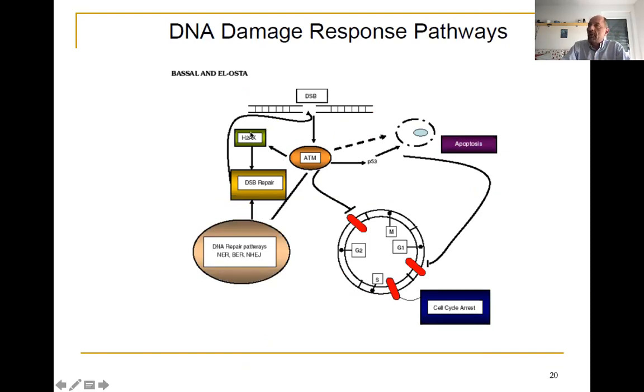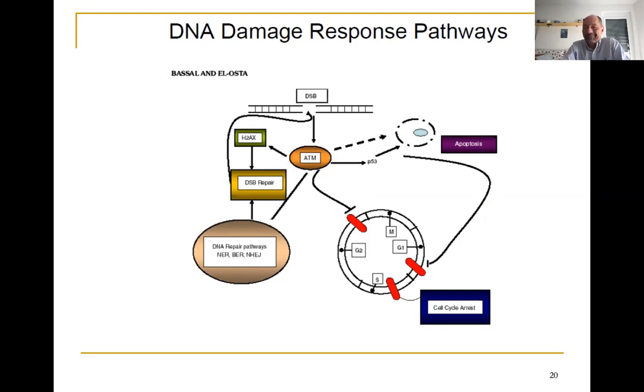The phosphorylation of H2AX is the first step towards repair through many different repair pathways. This we will see. But ATM also activates P53, actually phosphorylates P53 directly, and P53 is responsible for the cell cycle arrest and eventually for sending cells to death.